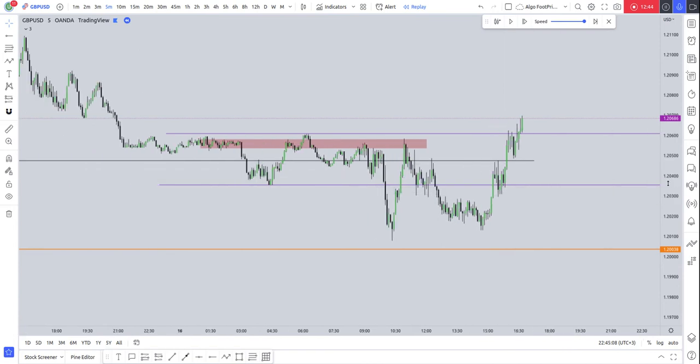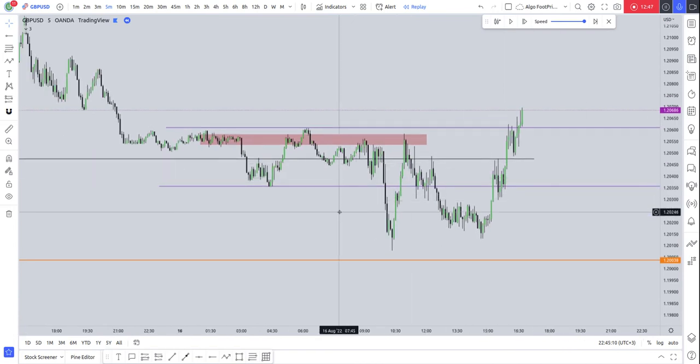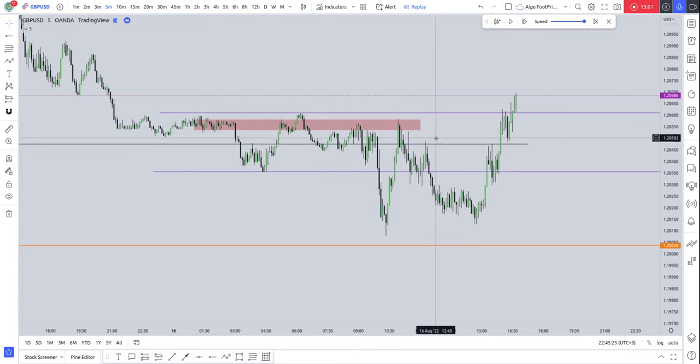and I noticed something. The first time, price could not go higher than this. But this time, price took out the order block. This order block was taken out. And another thing was, the reason why I was looking for buys now was because this move failed to take out this low.